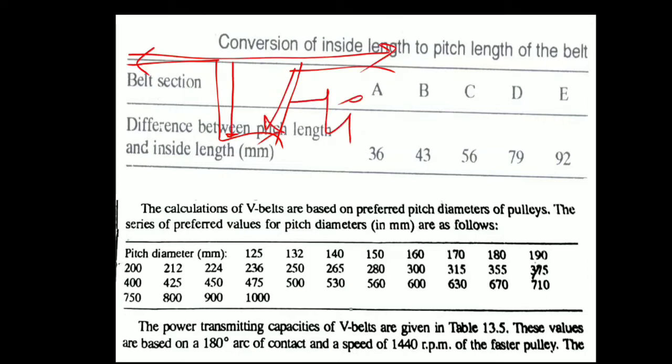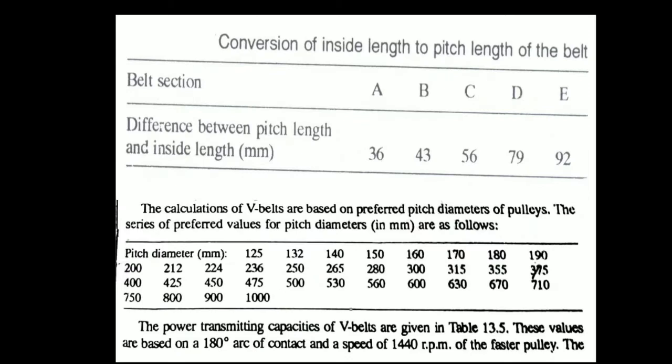This will be the inside length, so we need to calculate and add it. That will be the total length. Clear? Therefore, for the conversion of inside length into pitch length, if the C cross section belt section has been selected from the previous assumption, the difference between pitch length and inside length is 56. We'll have to take it directly.